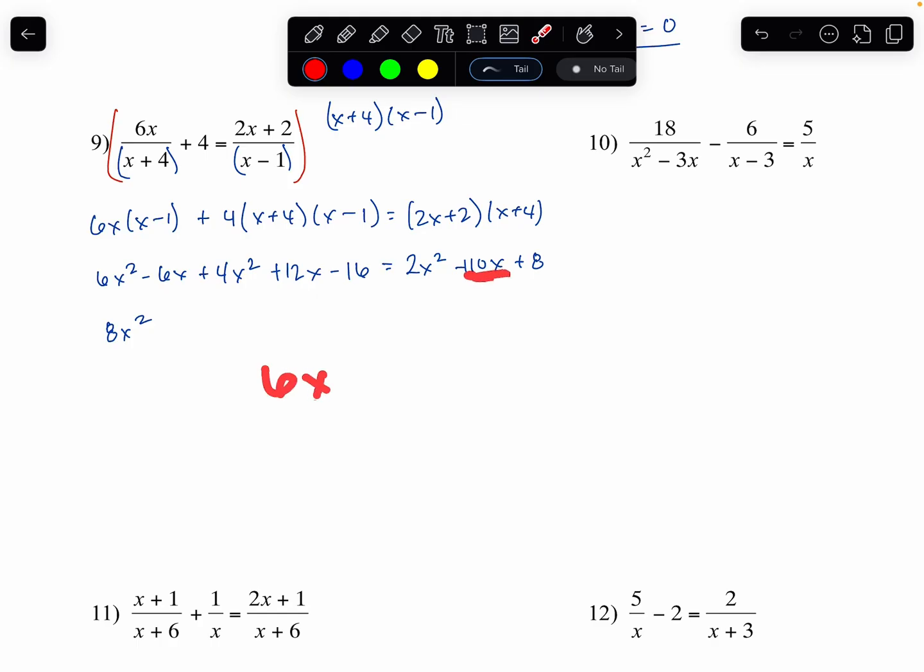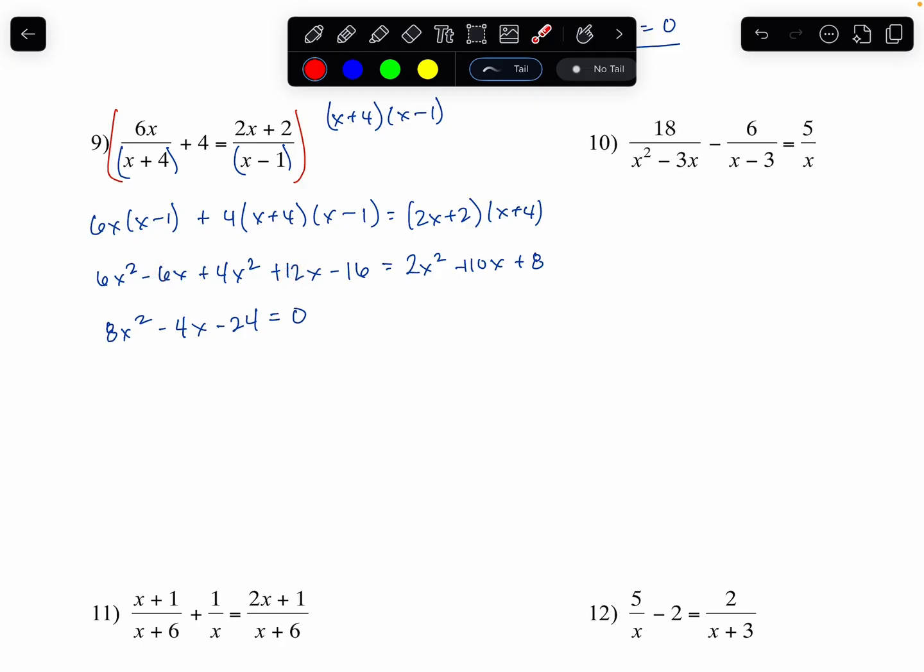And over here I have 10, so if I minus 10x, I'm going to get negative 4x. And then I have negative 16, positive 8, so minus 8, and I'll get negative 24 equal to 0. Oh, man. Negative 6x. That's going to be positive 6x.